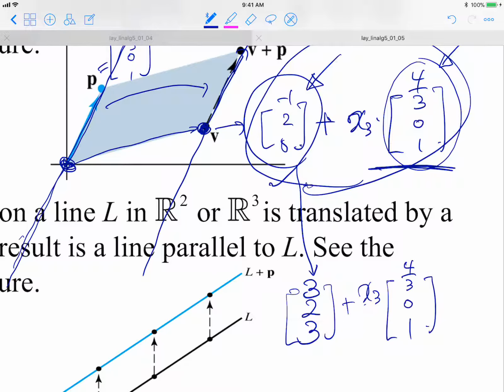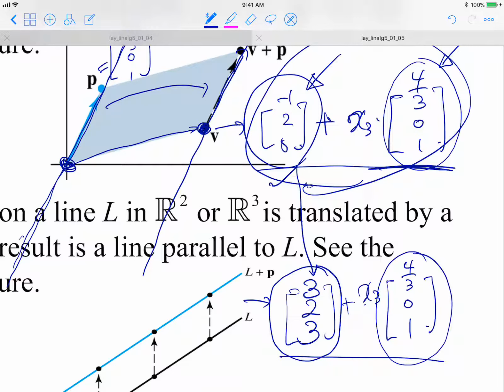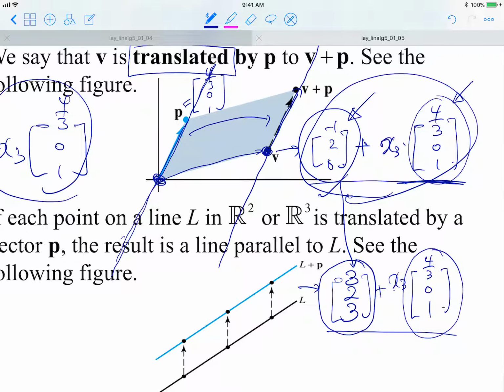What about this form? This form and this form are actually exactly the same line. So let's try to understand that. This one passes through this particular point with this specific direction, and those two representations are equivalent to each other.